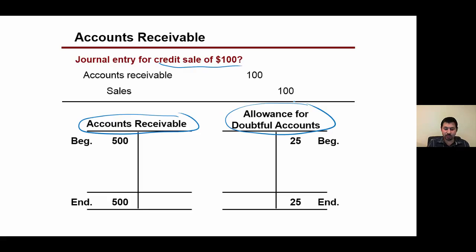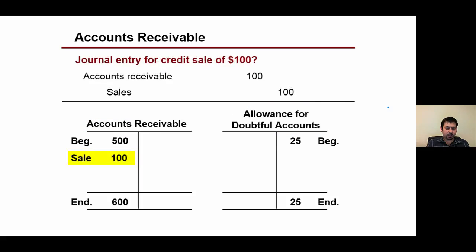But if we were to add the whole thing, we would also need to add sales revenue. It was credited 100. Remember that the beginning balance of revenue will be 0 because revenues are temporary accounts and they will be closed at the end of the accounting period. So at this point, the company will debit accounts receivable 100.